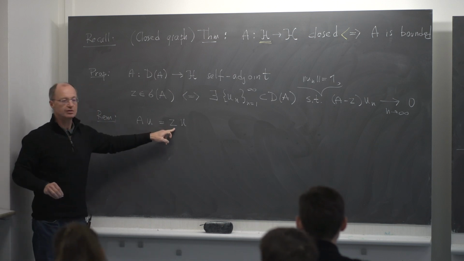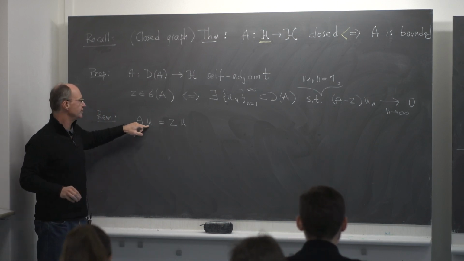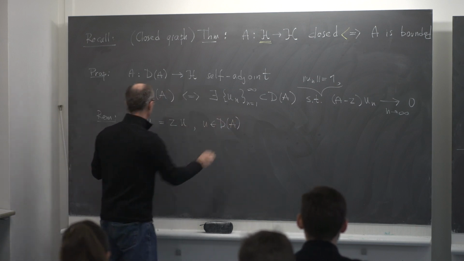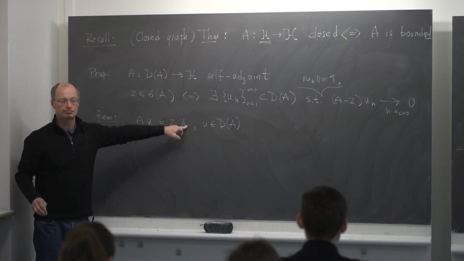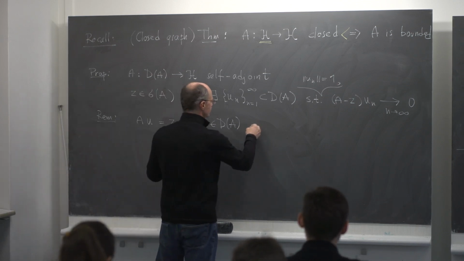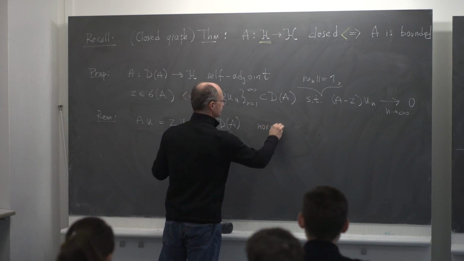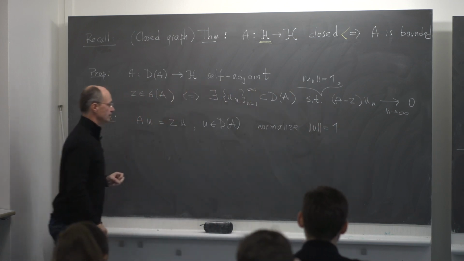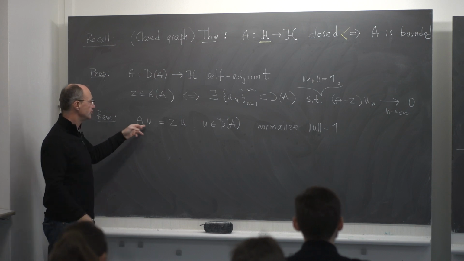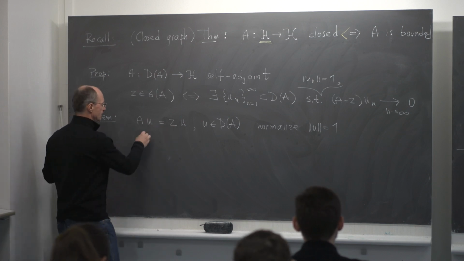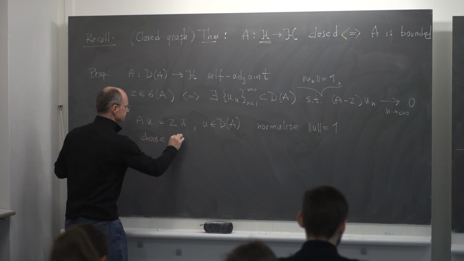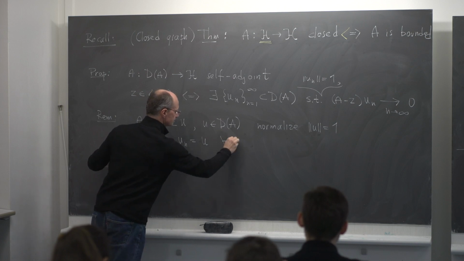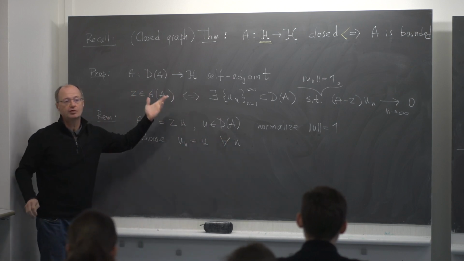So suppose that Z is an eigenvalue. Suppose that there is a vector u in the domain of A such that Au equals Zu. Then, of course, we can normalize u to be equal to 1. So then, of course, this Z is in the spectrum because we can choose u_n equal to u for all n, right?